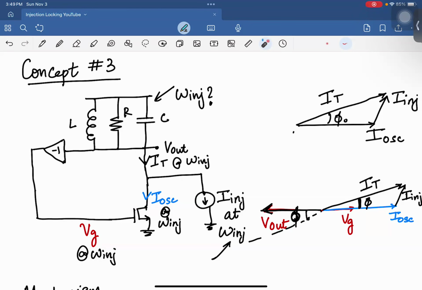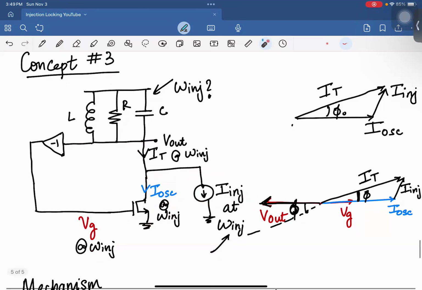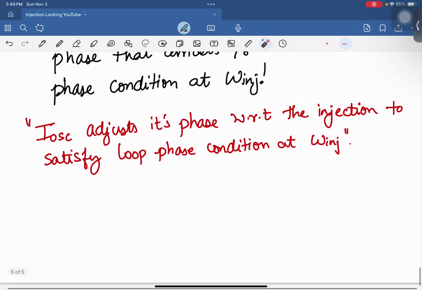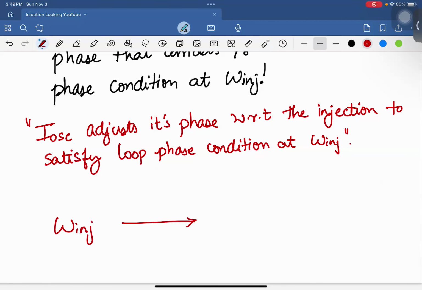But anyways, it still gives you a lot of insight to say that this guy introduces a separate phase shift, and now this oscillation with respect to this has to satisfy a specific phase requirement so that the Barkhausen criteria is satisfied. Essentially there is a relationship between omega injection and the oscillation phase when locked.